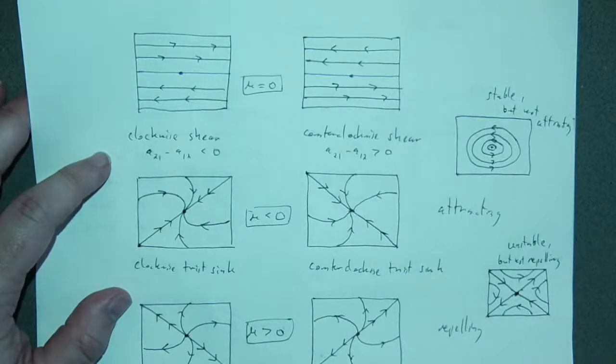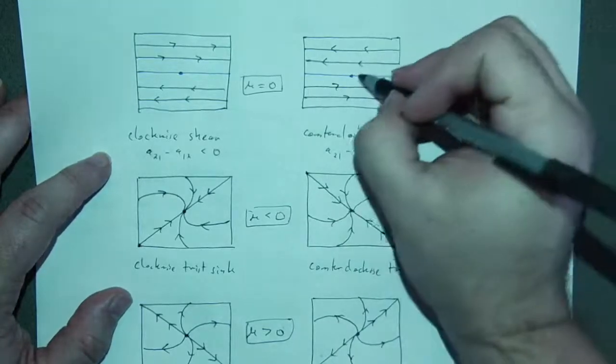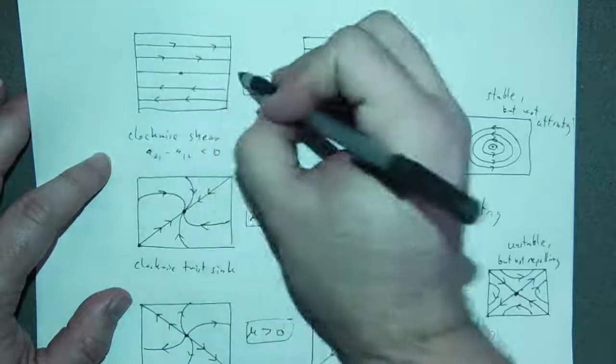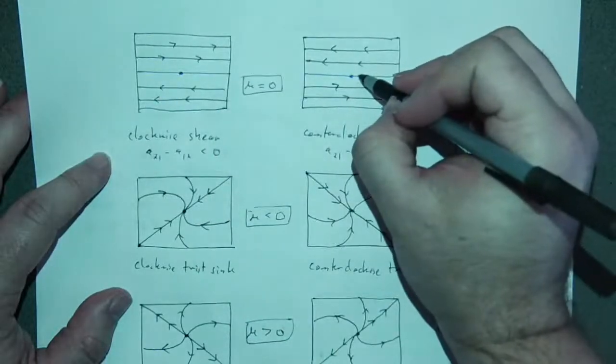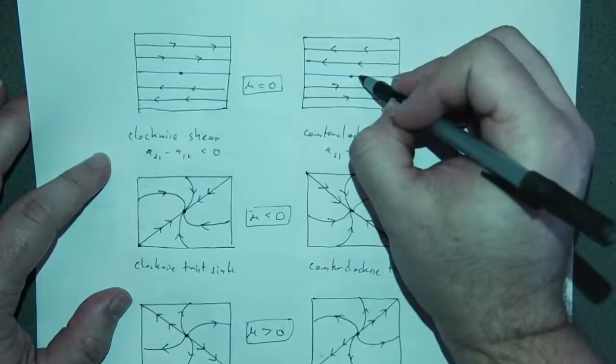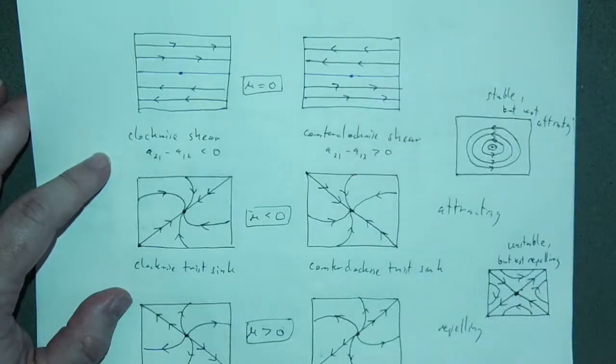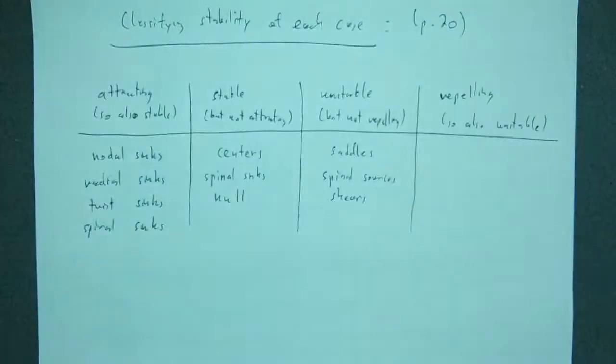It's not being sheared at all. This is just a constant thing. So this is a line of stationary points. A point here is not being sheared at all. It's remaining stationary. So this is unstable, but it's not repelling because of that line of fixed points.